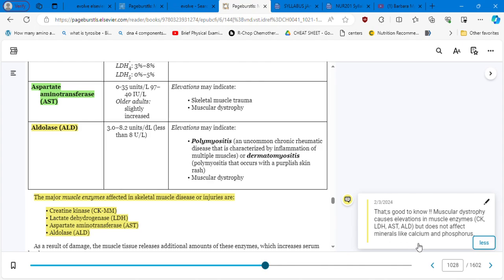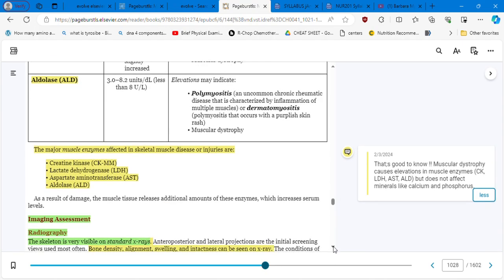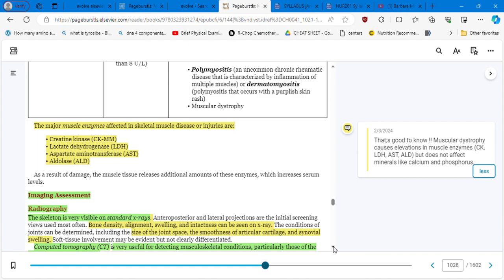Okay? But does not affect minerals like calcium and phosphorus. So you can have elevation in this, but no effects on calcium and phosphorus. Let me put this in other terms. The major muscle enzymes, muscles, are not bones.